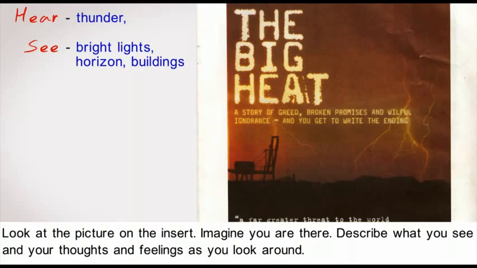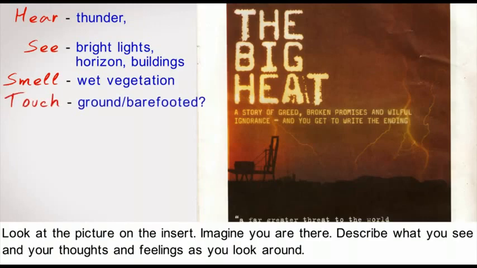I can see buildings in the distance, and I might be hoping that I get there. I might be able to smell the wet vegetation. I might be able to feel the touch. Maybe I'm barefooted and I'm running for safety. But again, I don't want to put why I'm running for safety because that would be part of a story.